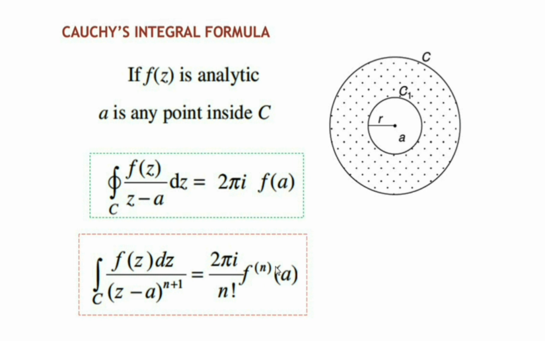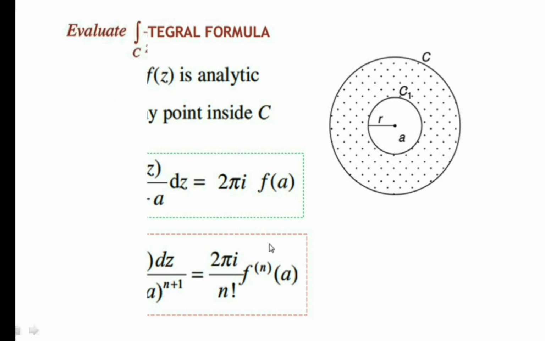This is the generalized Cauchy's integral formula for the derivative of the analytic function f of z. This is also very important for all competitive examinations apart from main examinations.